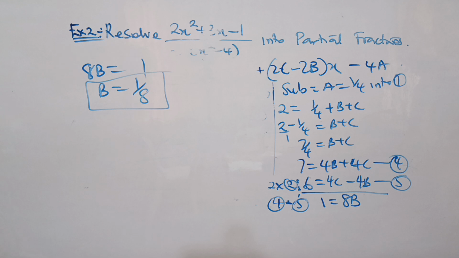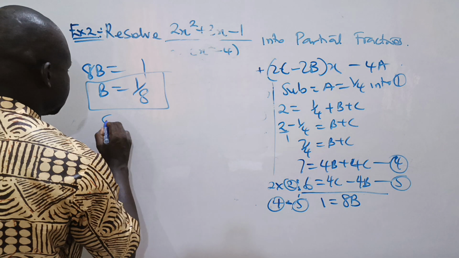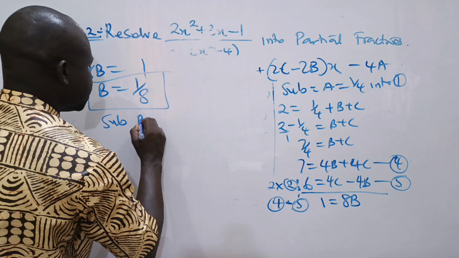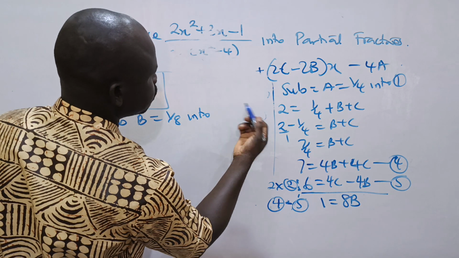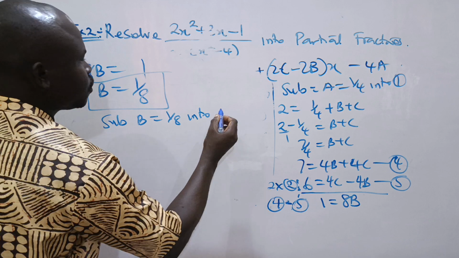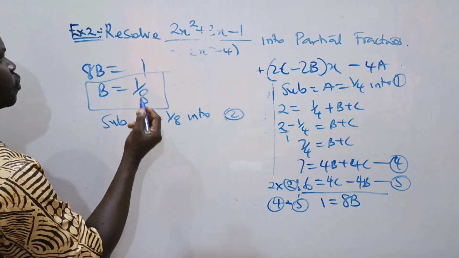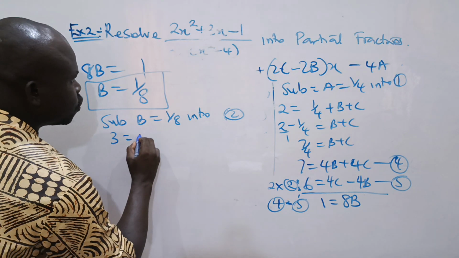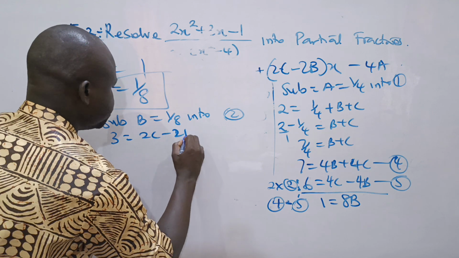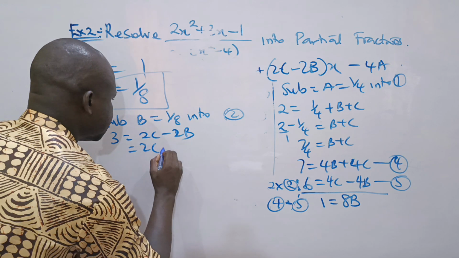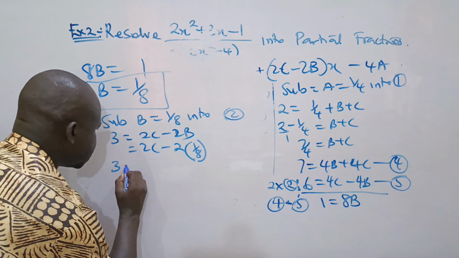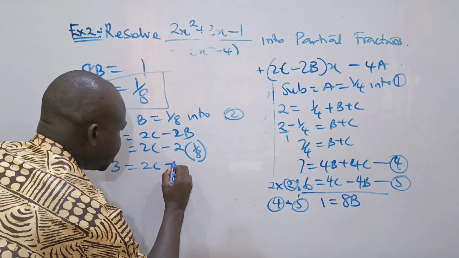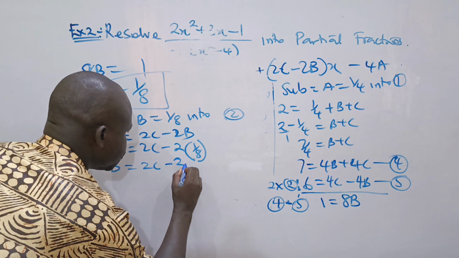We have gotten the value of a. We have gotten the value of b. We go ahead and find the value of c. We substitute b is equal to 1 all over 8 into equation 2. What is equation 2? 3 is equal to 2c minus 2b. So from here, we have 2c minus 2 into bracket 1 all over 8. Then this gives us 3 equal to 2c minus 2 all over 8.